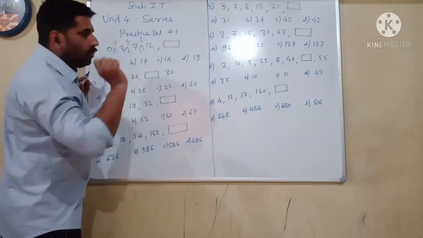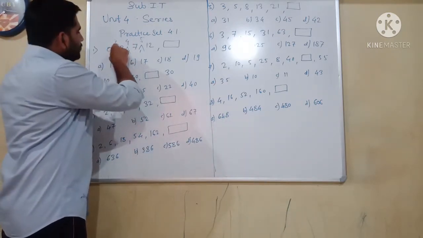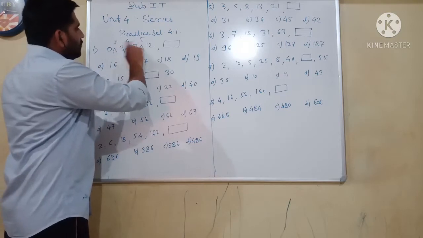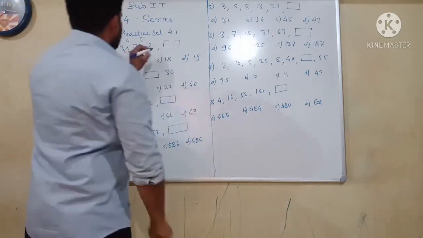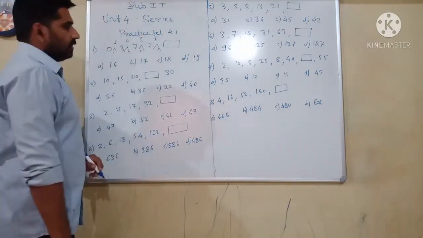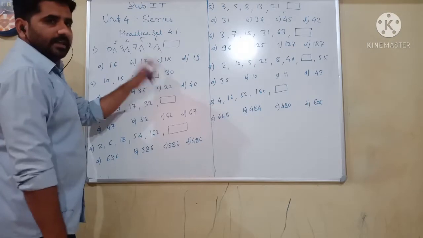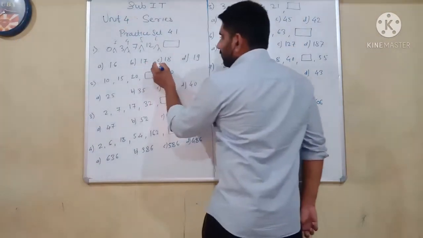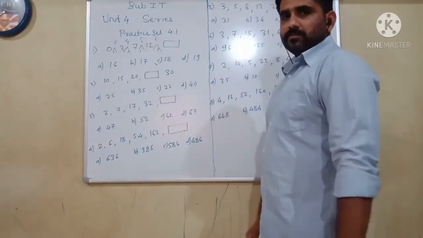So if you observe the pattern, each gap is increasing by 1. So after 12, what will it be? After 5, the gap will be 6. So 12 plus 6 will be 18. So 18 will be our right answer.